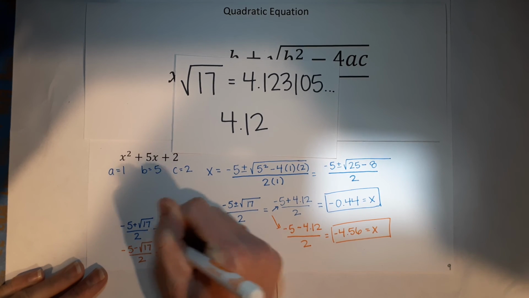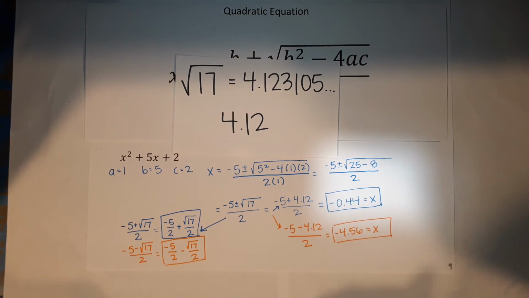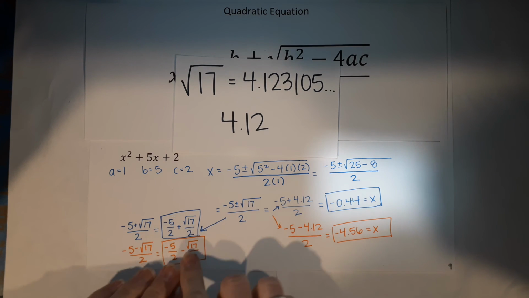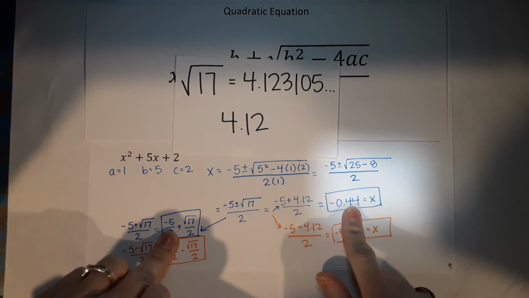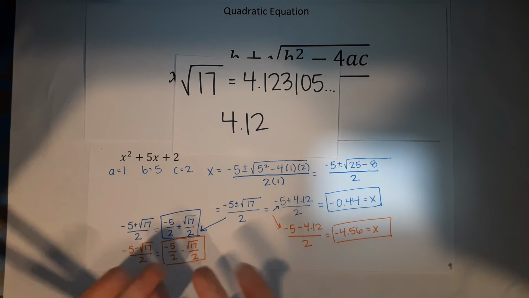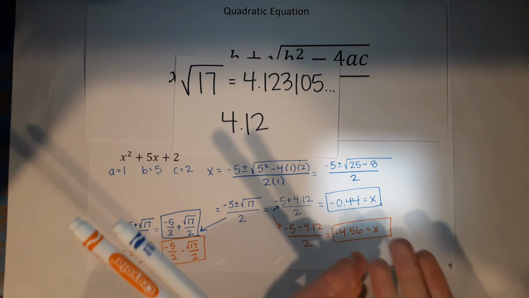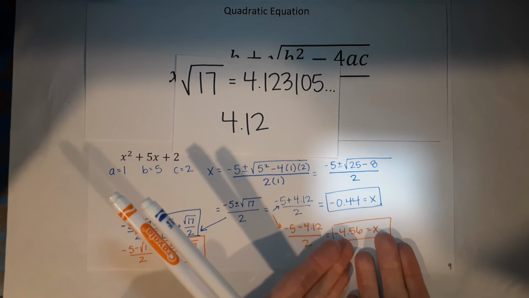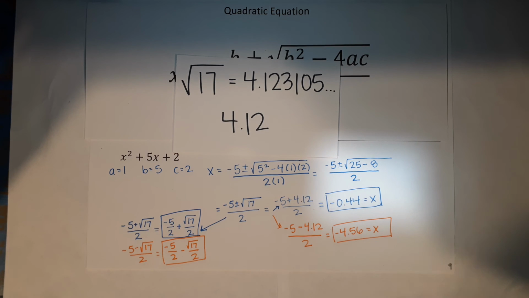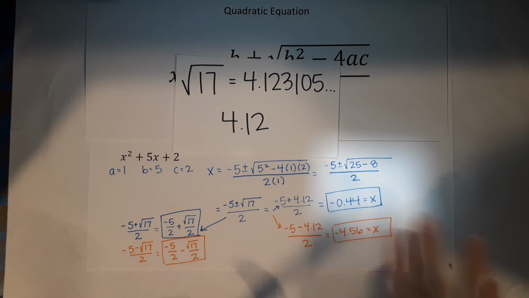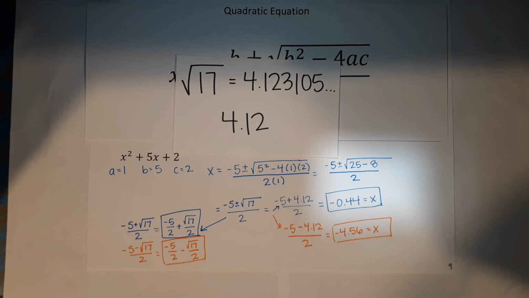So if you were to put this in your calculator, you should get that. Same with this and that. It's just if your teacher wants you to leave it with the radical or wants it as decimals. Okay, just however your teacher wants it. Then remember, this is what x equals.